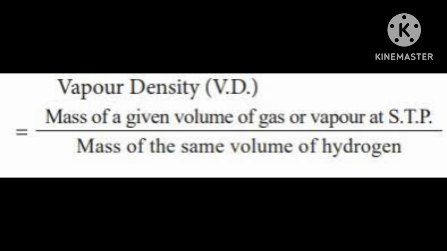Product, suppose it is forming 4 CO2, and suppose HCl is there, 3 mole. That is also telling the mole. What is the coefficient? That is telling the number of moles.